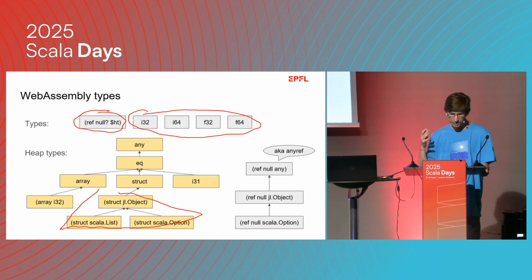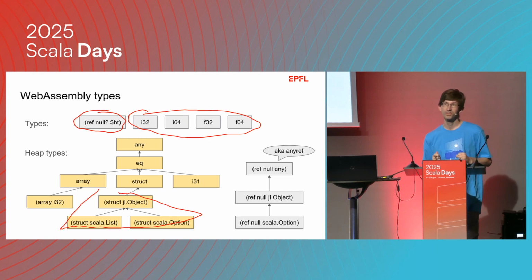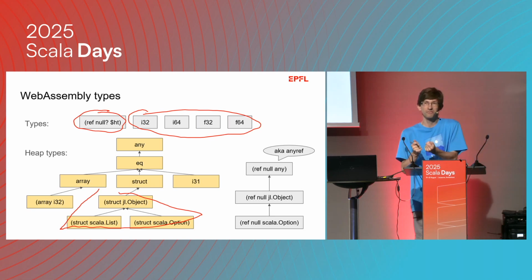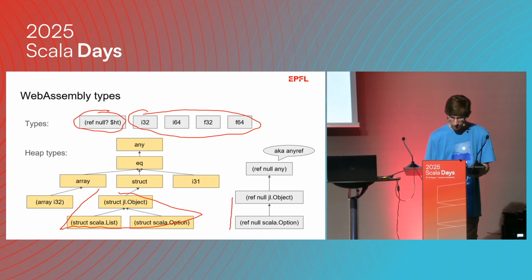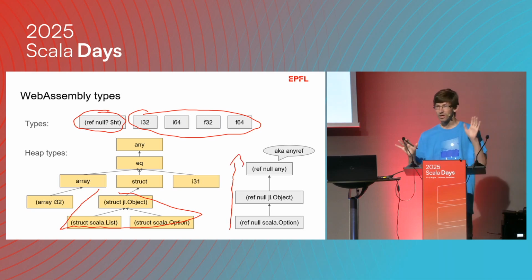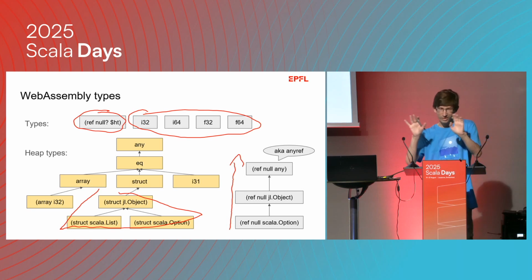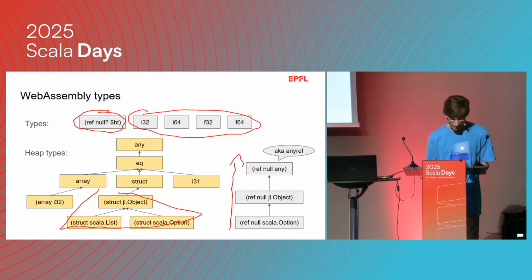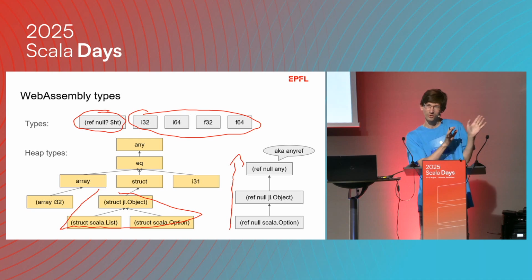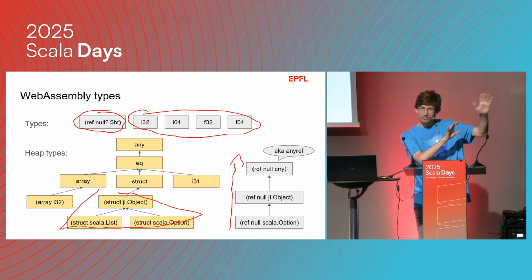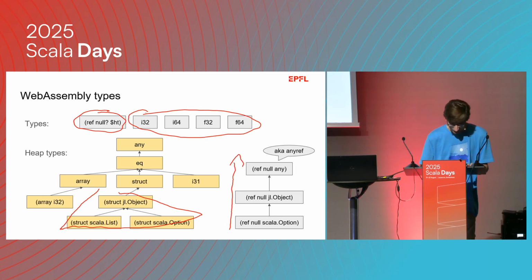And so we use that to encode our class hierarchy into the WebAssembly struct type system, all right? And then the reference types that are the types of values then follow the same hierarchy, okay? So you have 2 parallel hierarchies, the heap types and the reference types. It's not that important, but it's just the way it is. You have the definitions of the types, which are the heap types over there, and the reference types are the types you use, but it's not that important.